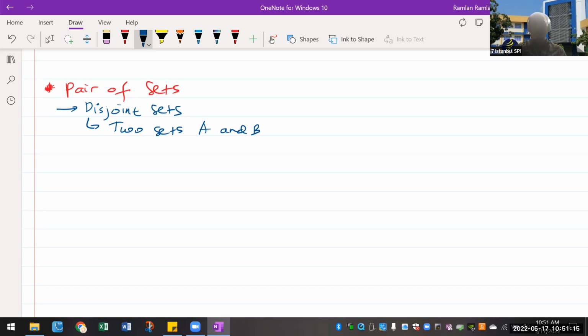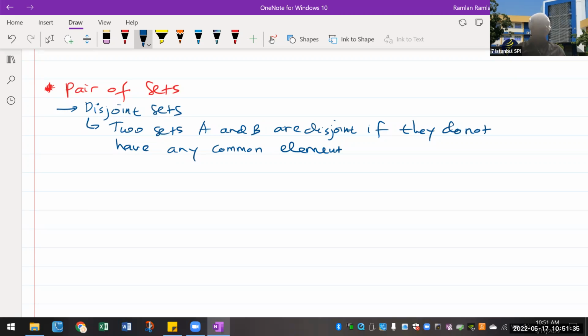So two sets A and B are disjoint if they do not have any common element. So if you see two sets and all of the elements are different between set A and set B, they don't have any common element, then we can say that these two sets are disjoint sets.